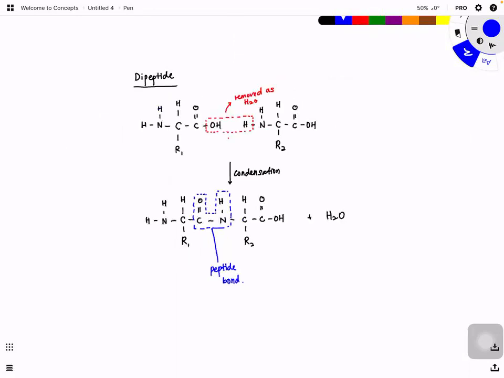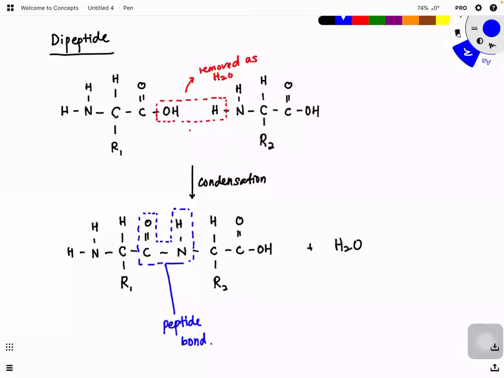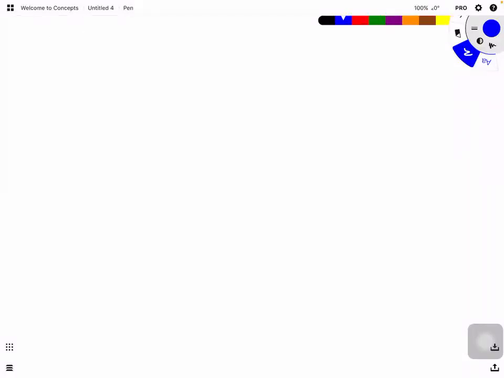Zoom down a bit so that you can have the overall view of how the process takes place. To break the peptide bond, we need to use the hydrolysis process. Basically, we need to use a water molecule to break the peptide bond. So let me draw out 1 dipeptide.